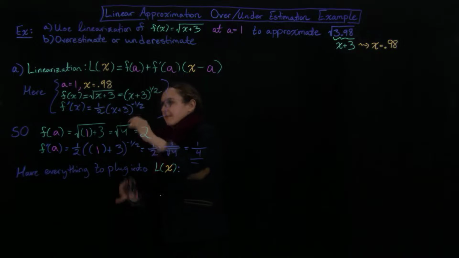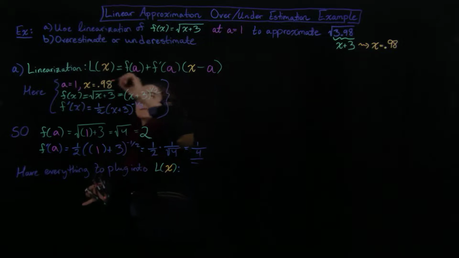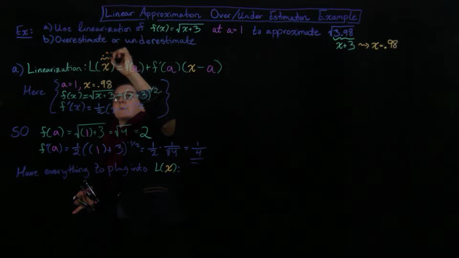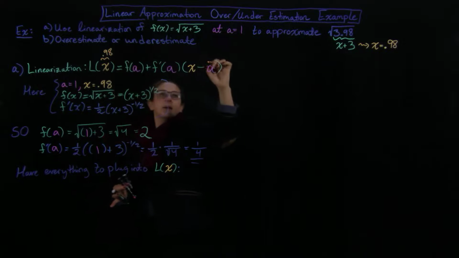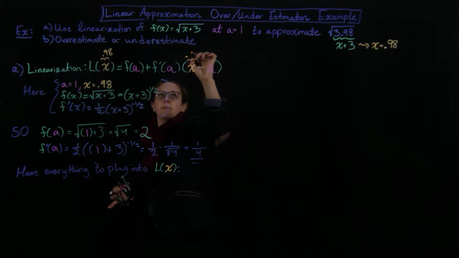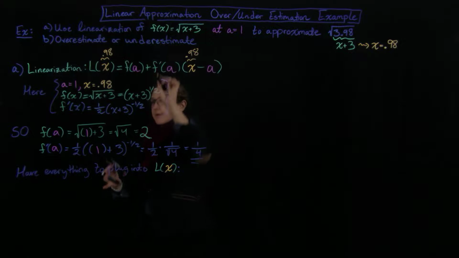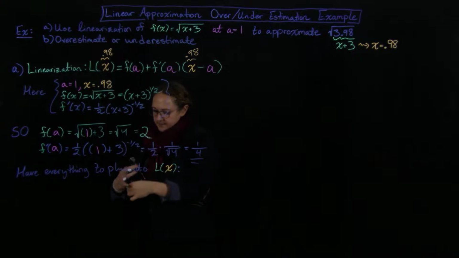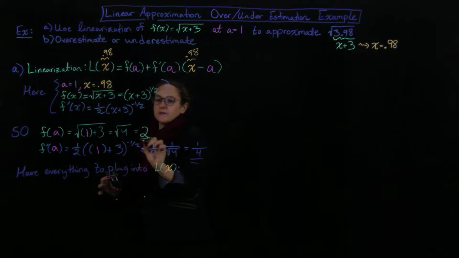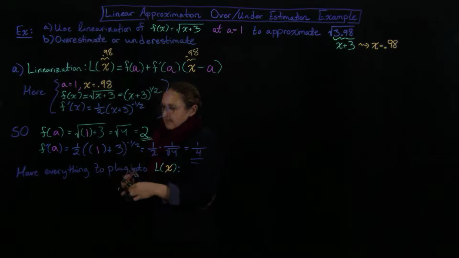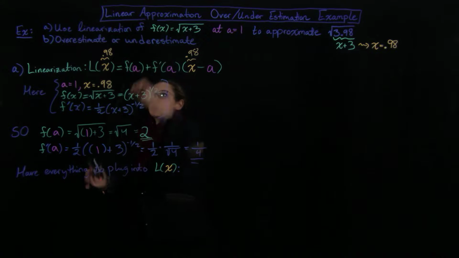So L of x is the same thing as, so I have 0.98 here, and then here I have 0.98. And I've computed f of a, I computed that here. So this 2 goes there, so this is going to be 2.